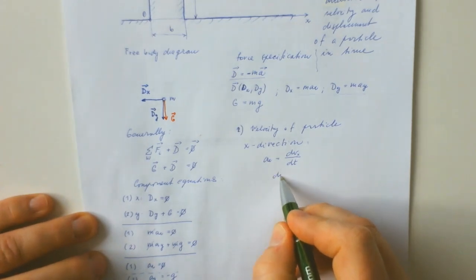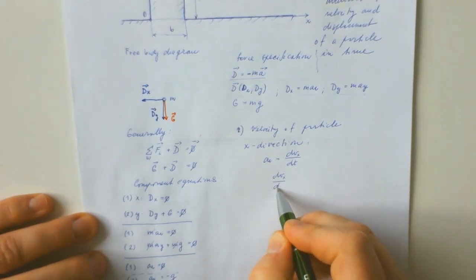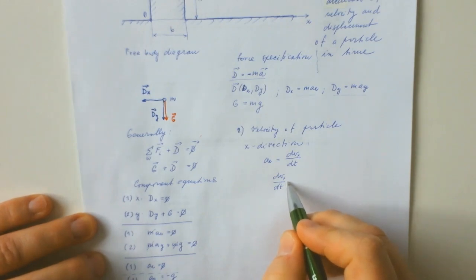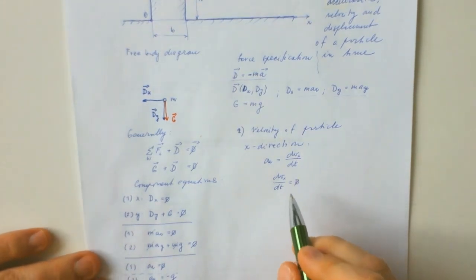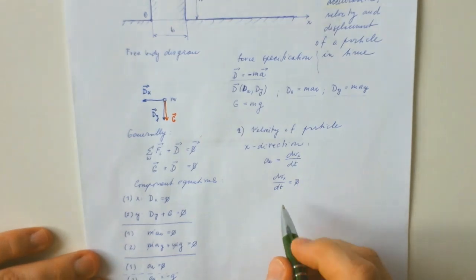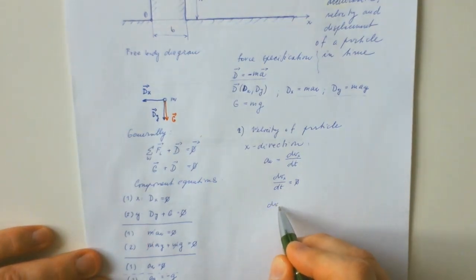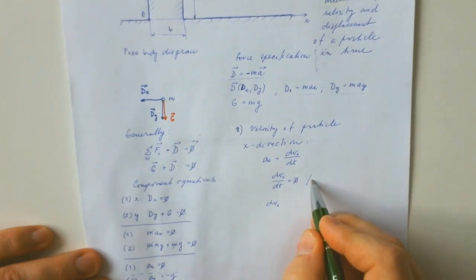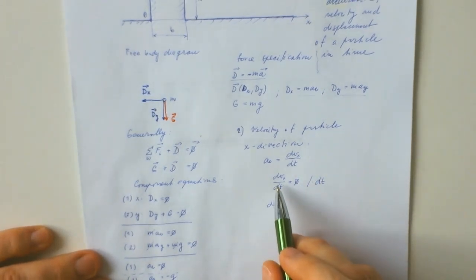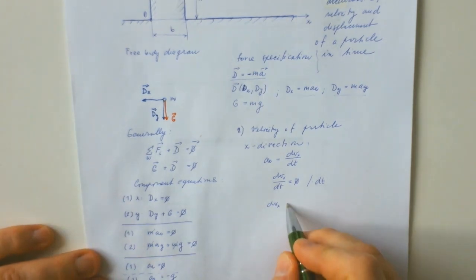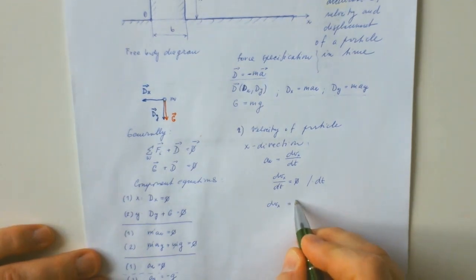So dvx over dt is 0, and we can separate variables by multiplying both sides of the equation by dt, so dvx is equal to 0.